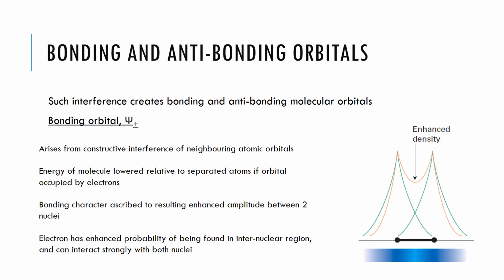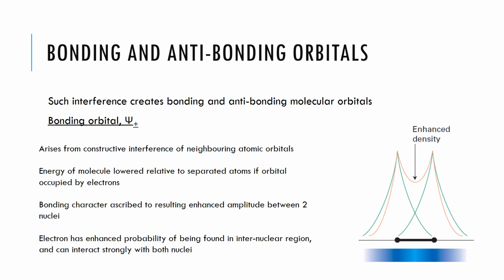So a really important point here is that in this model, and there are multiple models of bonds, but in molecular orbital theory, we are describing a chemical bond as two atomic orbitals overlapping. When those two atomic orbitals overlap, we gain some kind of interference, both constructive and destructive, and we generate two molecular orbitals. The same number of atomic orbitals in creates the same number of molecular orbitals out.